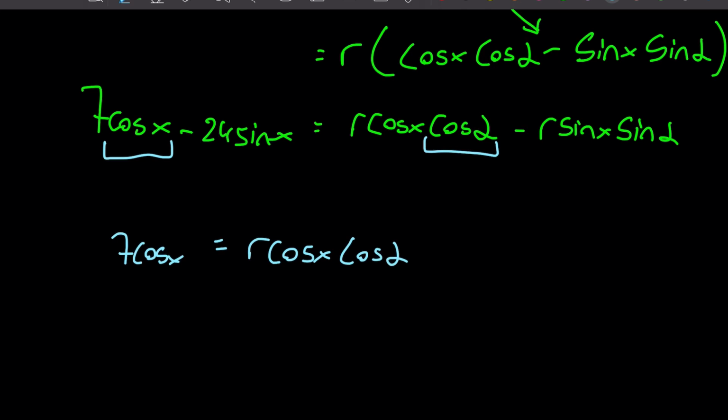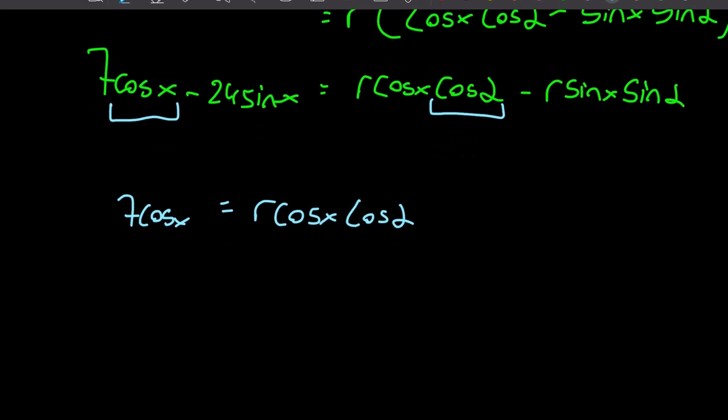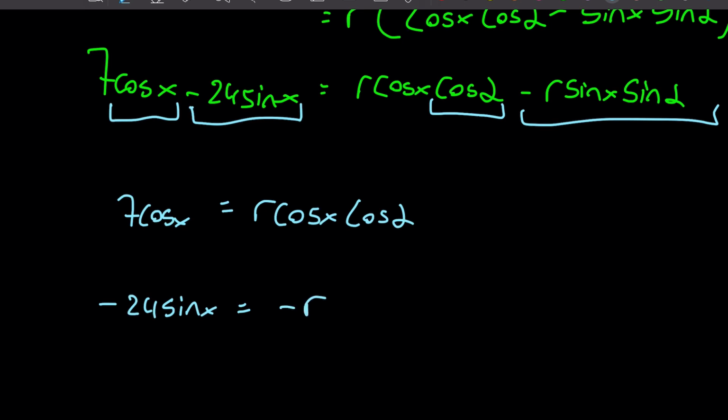Now, similarly, what has a coefficient of sin x? Well, in this case, sin alpha has a coefficient of sin x. So we have -24 sin x is equal to -r sin x sin alpha. So we can simplify these by cancelling out the cos in the first one.